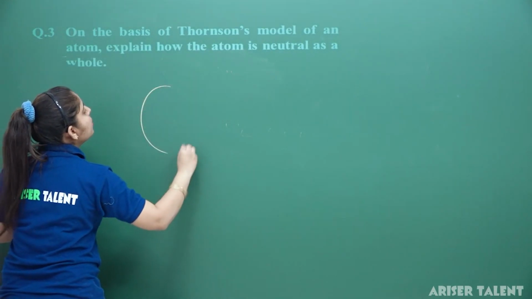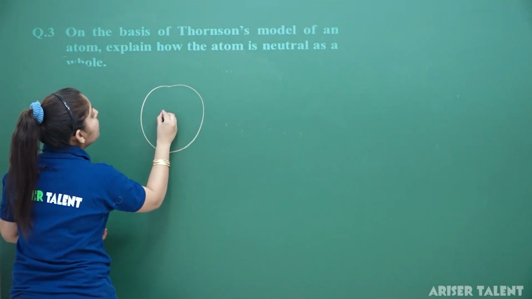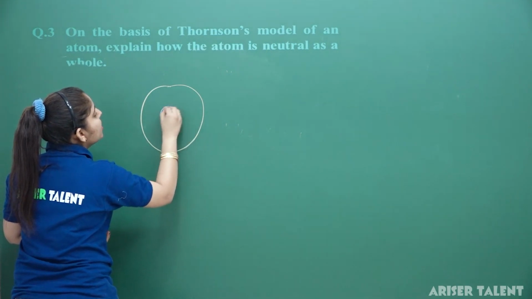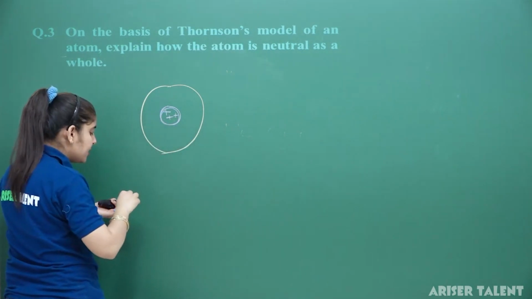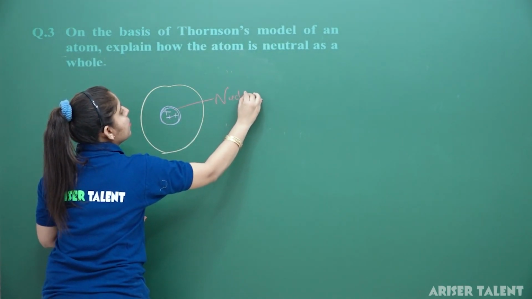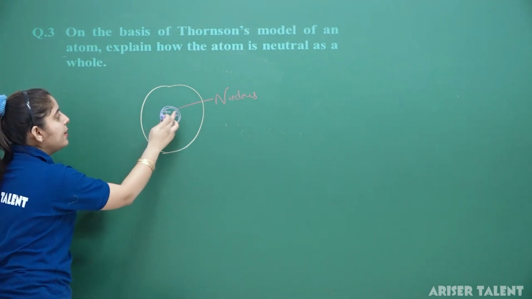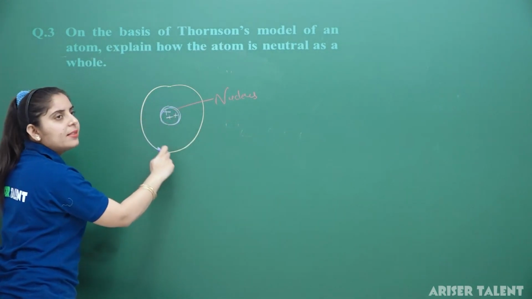in this model, we have positive charge at the center of the atom, and the center of the atom is basically known as nucleus. And in Thomson's atomic model, electrons are embedded in the positive sphere.